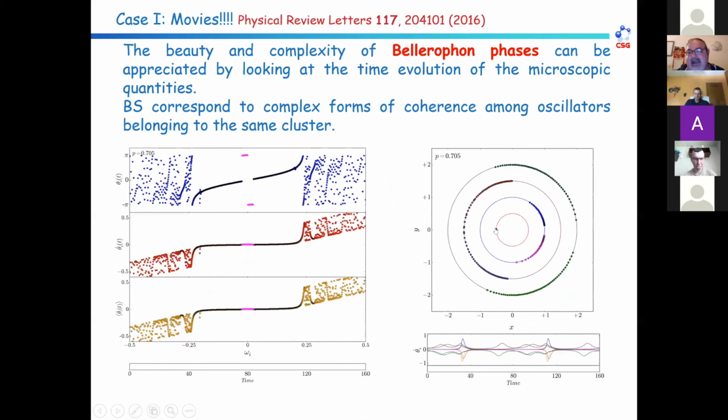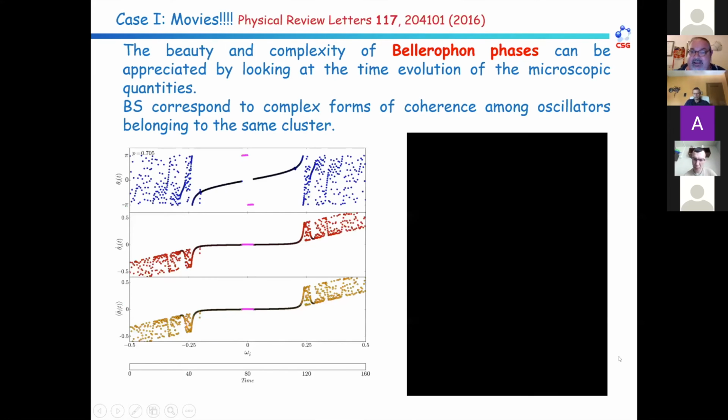I take now all the oscillators forming cluster 1 here, all the oscillators forming cluster 2 here, cluster 3 here, all the oscillators forming cluster 4 here. And you will see these oscillators jump from one side to the other side of the unit circle periodically in time.